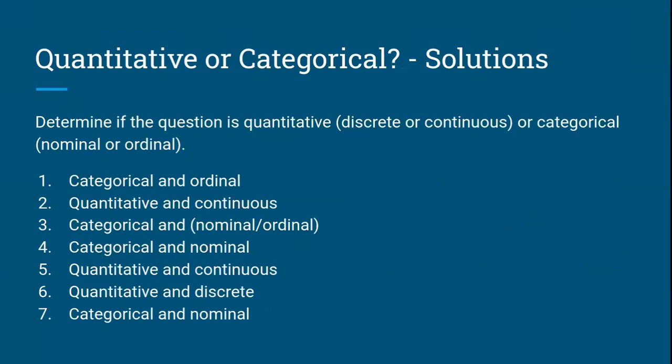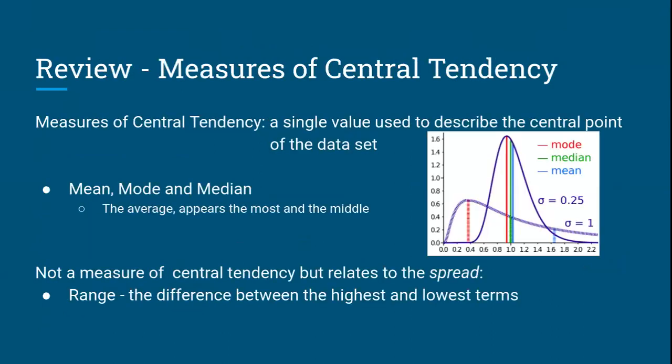Okay? All right, so now let's talk about the review. On Tuesday, we talked about measures of central tendency, and you all did pretty good with those. Measures of central tendency are a single value used to describe the central point of a data set.